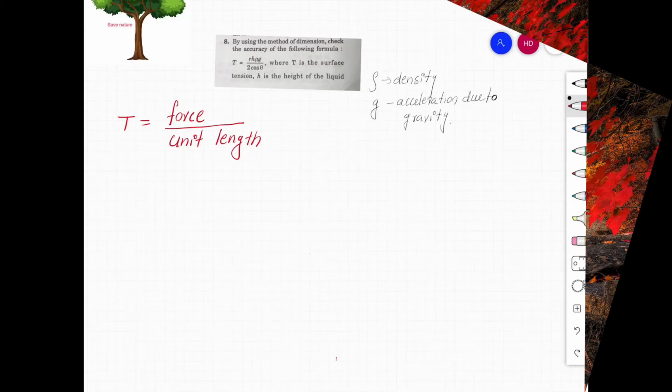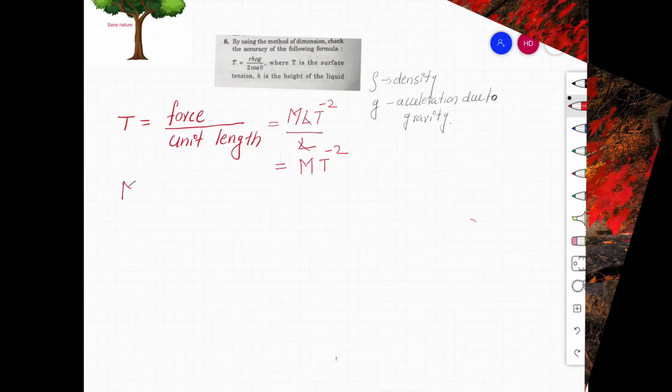Anyway, the dimension of force is M L T raised to minus 2 and the dimension of length is L. L cancelled, so finally we have M T raised to minus 2. So LHS will be M T raised to minus 2 in the above equation.